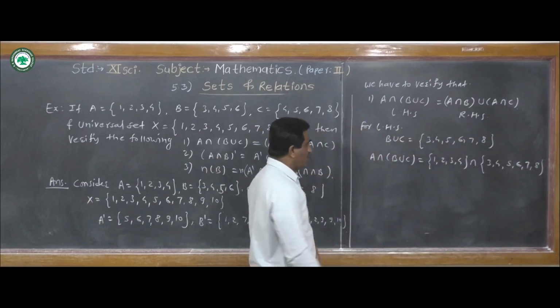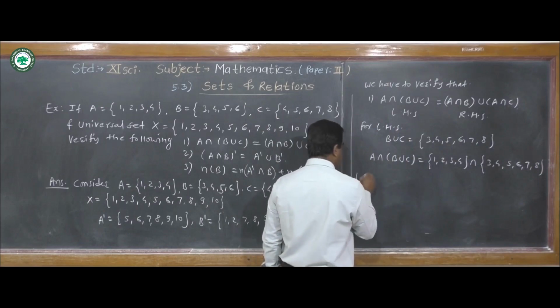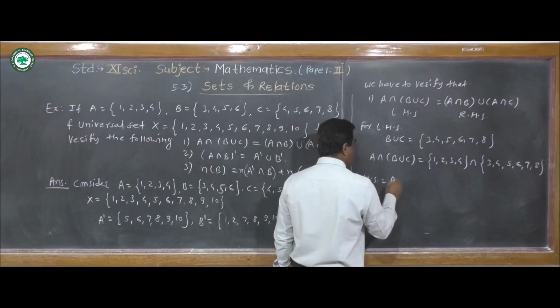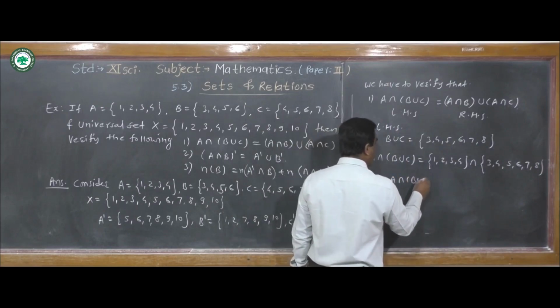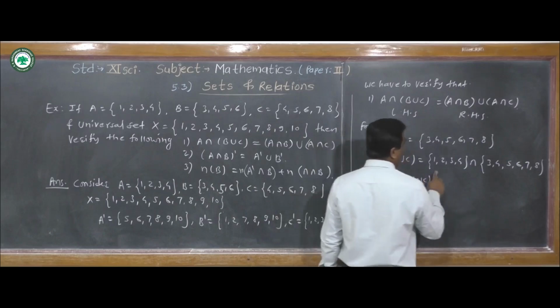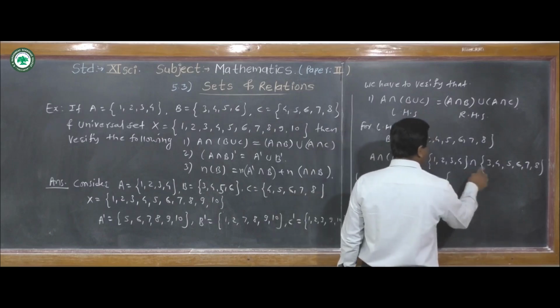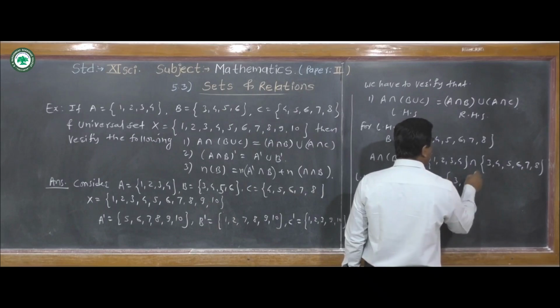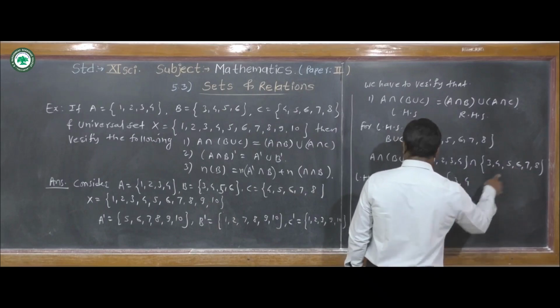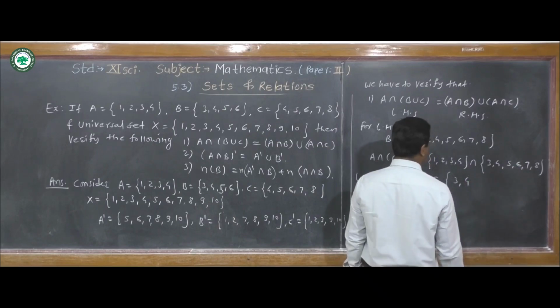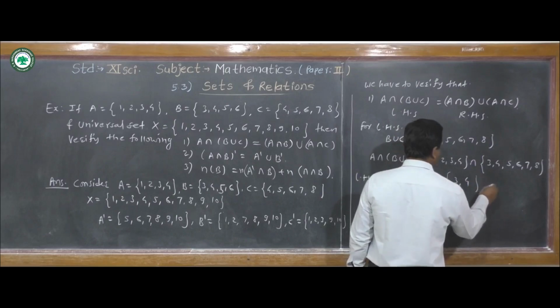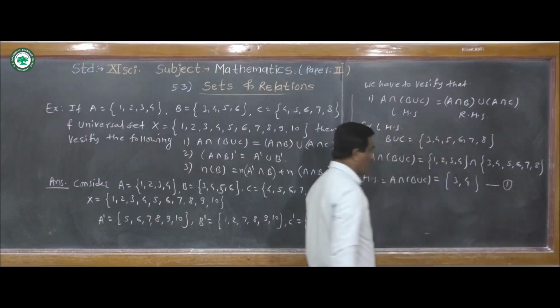Okay, the intersection of these two sets gives LHS, A intersection (B union C), equal to {3, 4}, 3 and 4 only. So this is equation number first.